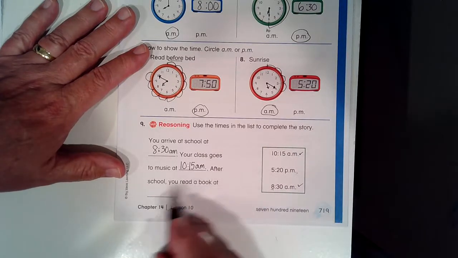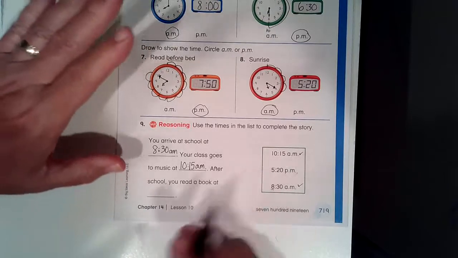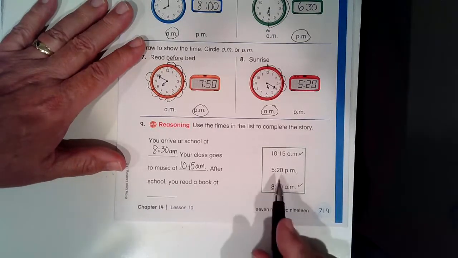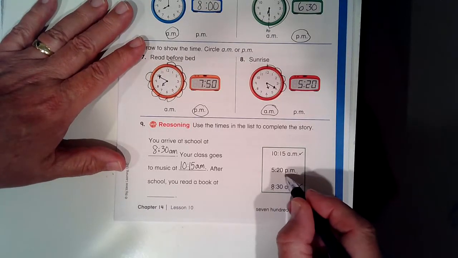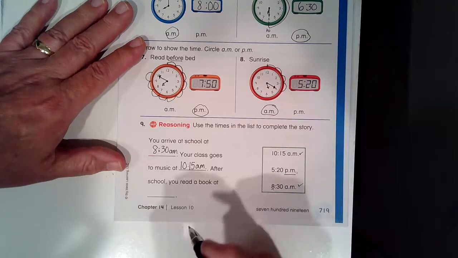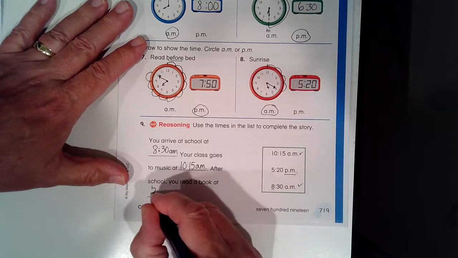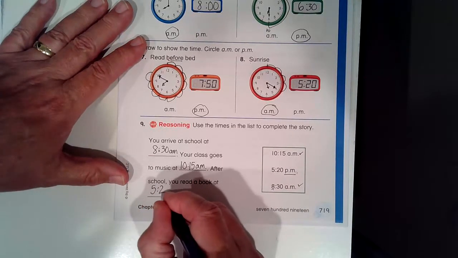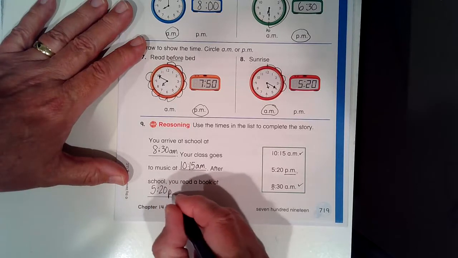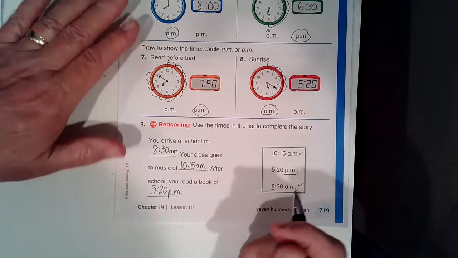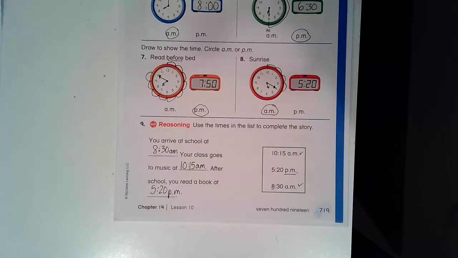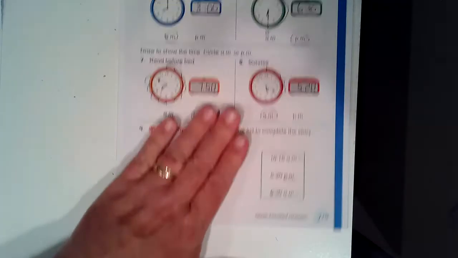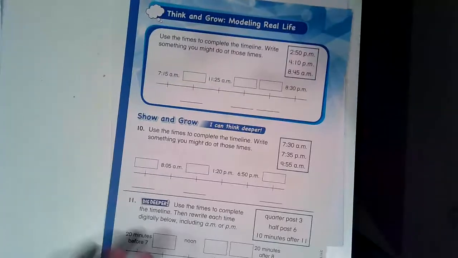And then after school, there's our big clue. You read a book at 5:20 p.m. That's during the nighttime. So 5:20 p.m. Good. Excellent job.